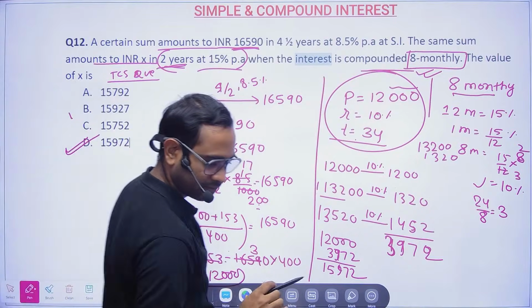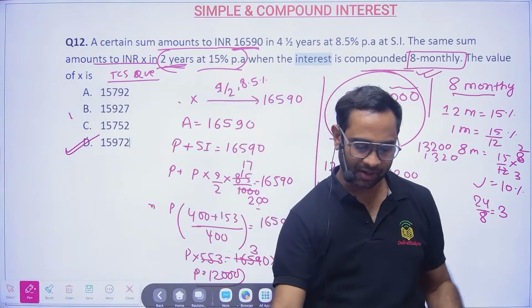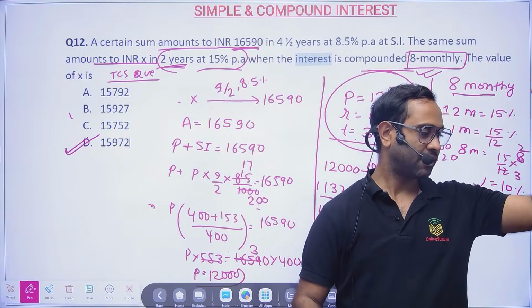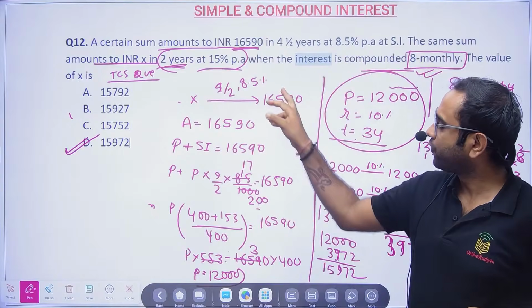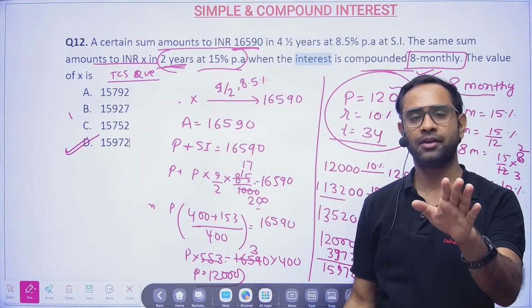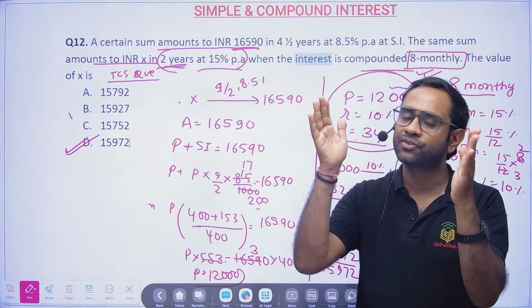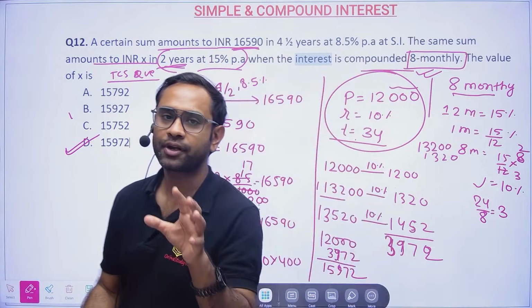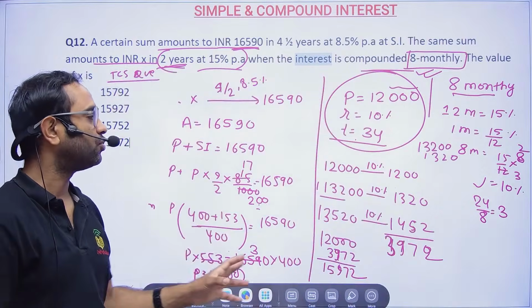Option D. I know for many of the people this would have gone above your head, but the thing is, this many steps are not required. I'm telling you again and again, this is a lengthy problem, there is no doubt at all, but it is not that lengthy which you are thinking of.